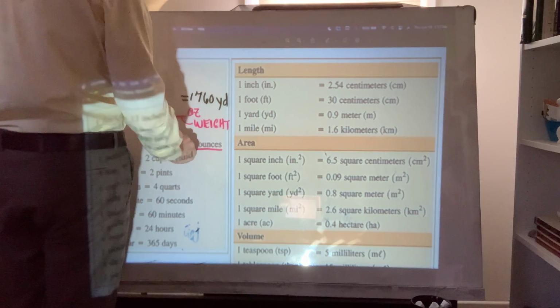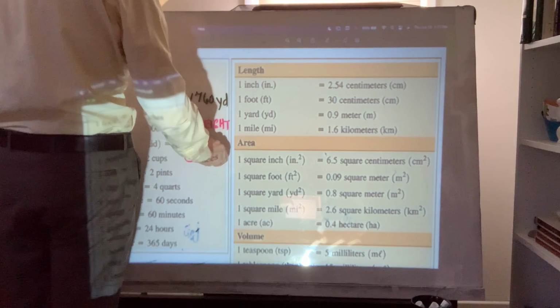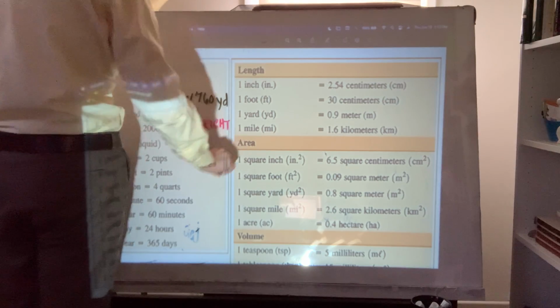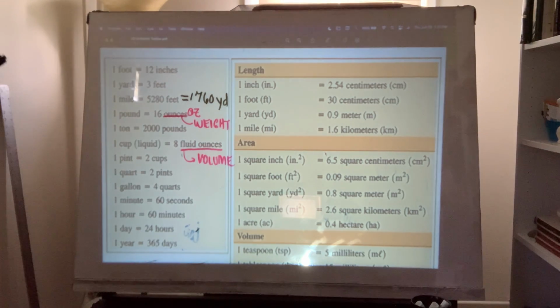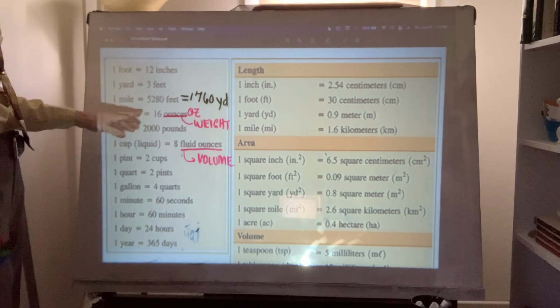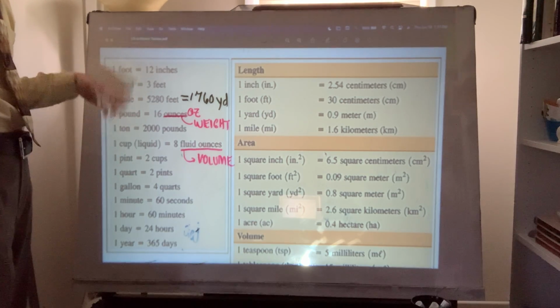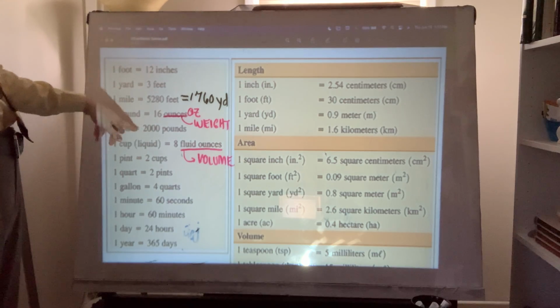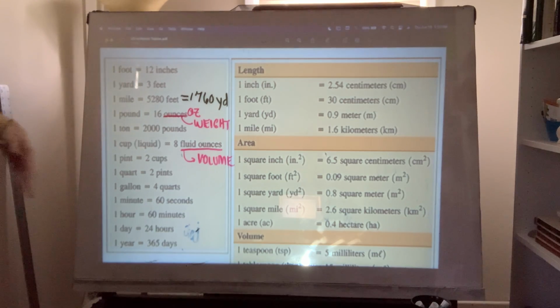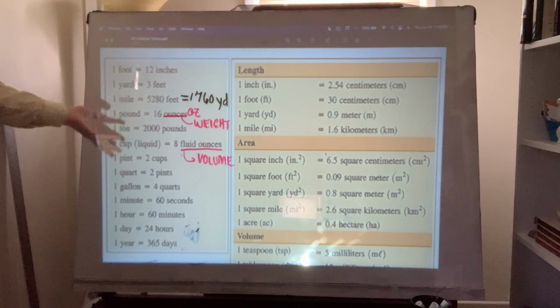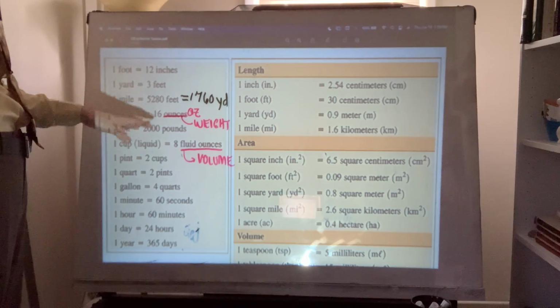Fluid ounces is essentially a volume. So 1 pound is 16 ounces. 1 ton, the imperial ton, is 2,000 pounds. Not to be confused with metric tons, which is 1,000 kilograms.